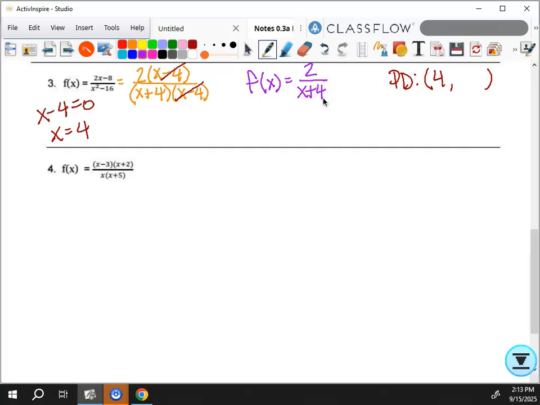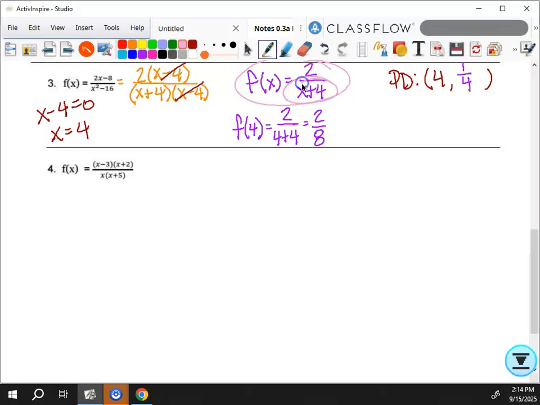Let's go ahead and finish our point discontinuity. So I need f of 4 equal to 2 over 4 plus 4. That's 2 over 8, which is what? 1/4. Good. All right, so this is my reduced function.